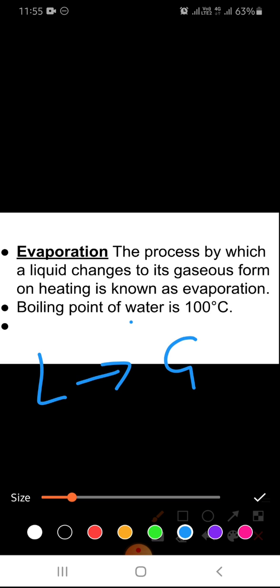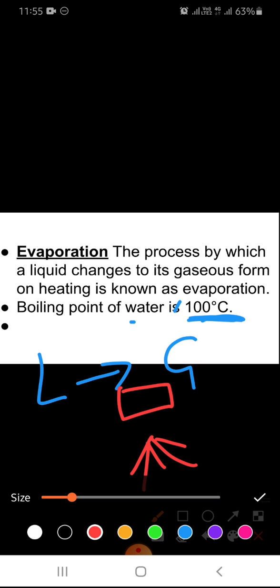And the boiling point of water is 100 degrees Celsius. So what is boiling point? The temperature at which the water starts boiling is known as the boiling point. You must have seen, whenever we place a kettle on the gas, it will not start boiling instantly.